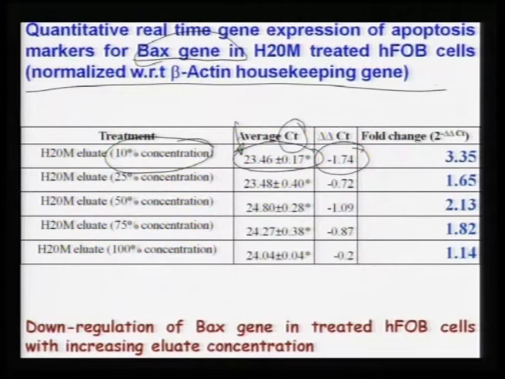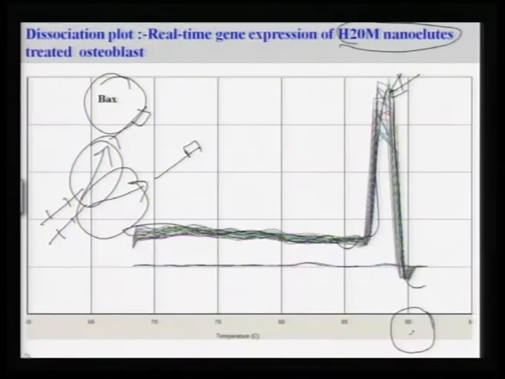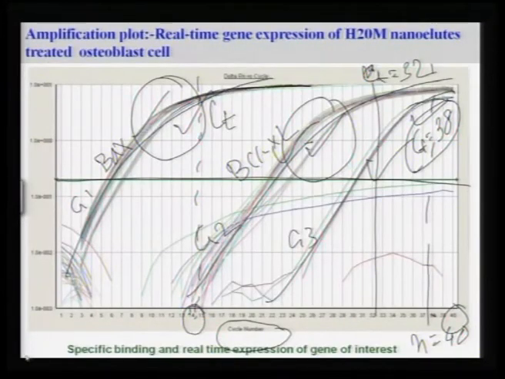So, what does it mean? If you go back to this amplification plot, you have to follow it a little bit carefully. G1, G2, G3 are the genes of interest, but at the same time you have the 18S gene and the beta actin gene, which are housekeeping genes. These two genes can also be amplified with respect to certain PCR cycles.